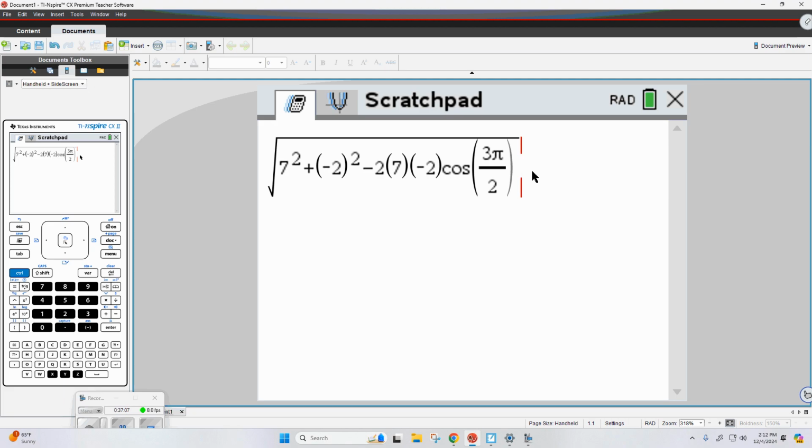Anybody? I hear a lot of buttons being pushed. Once we get this, we're done. Okay, 7 point. That's all you got? Okay, so highlight it and push enter. Maybe it's the settings on your calculator.